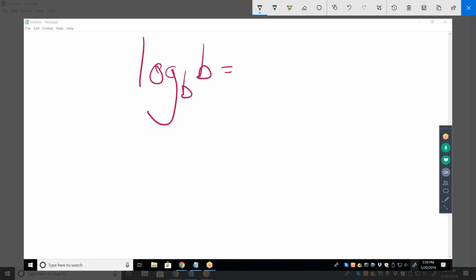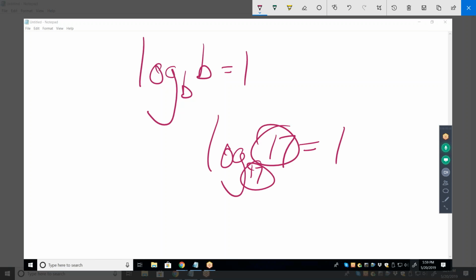B to what power is equal to B? The first power? Yeah, always is 1. In other words, if I say, what's the log base 17 of 17? That's equal to 1. So as long as these two numbers are the same, it's always equal to 1.